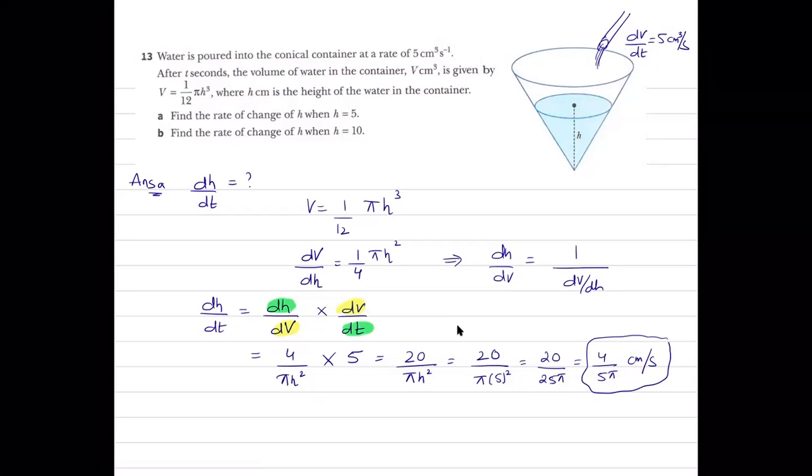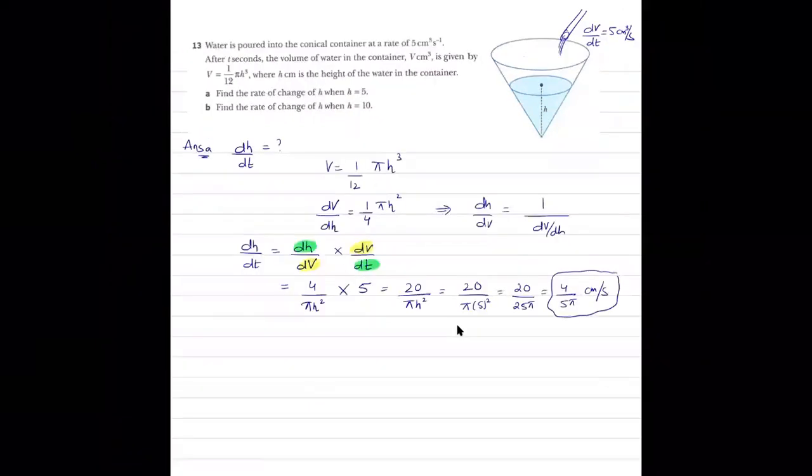Yes, sir. So what is going to be the answer for the second part? Do I need to do the entire work again for the second part? No, we just change the value of h. Exactly. I know dh over dt was equal to 20 upon pi h square.